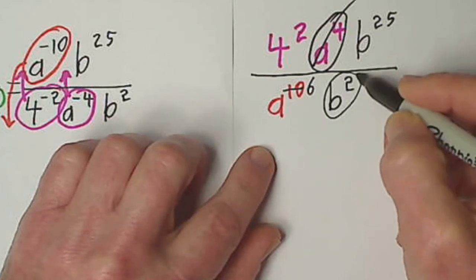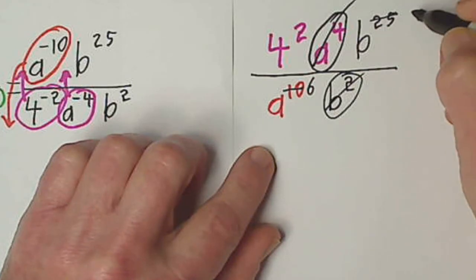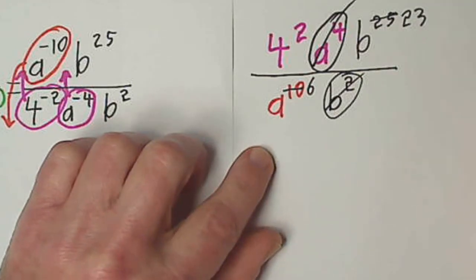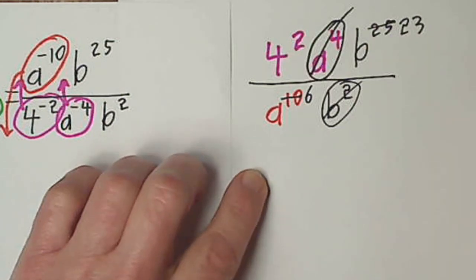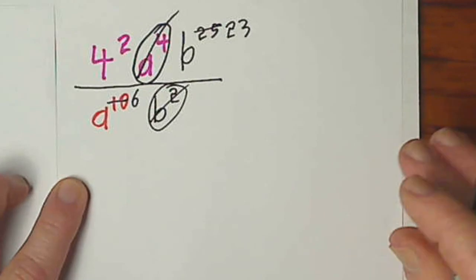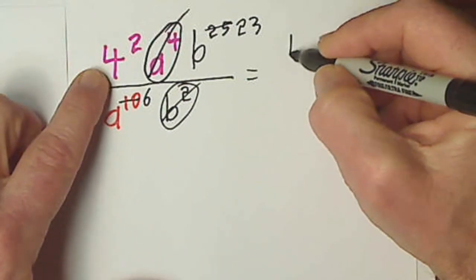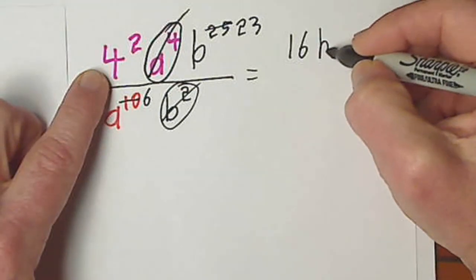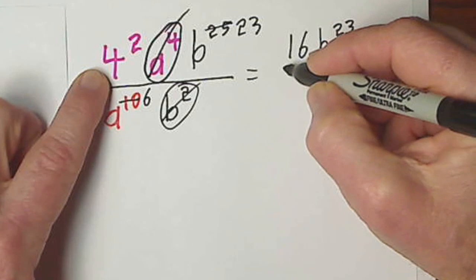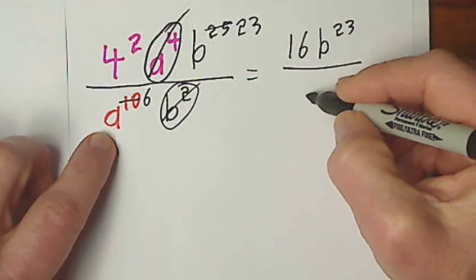All right. So b to the 2nd is gone, and I subtract 2 from 25, and I get 23, and 4 we can just square that. Okay. So for all our trouble, we will end up with 4 squared is 16, b to the 23rd, all over a to the 6th.